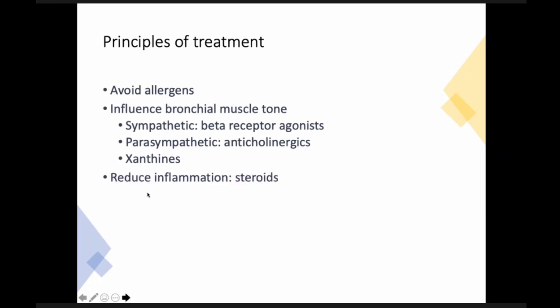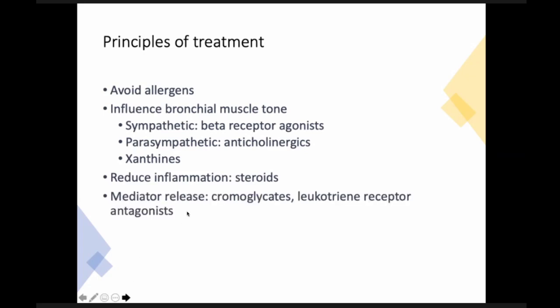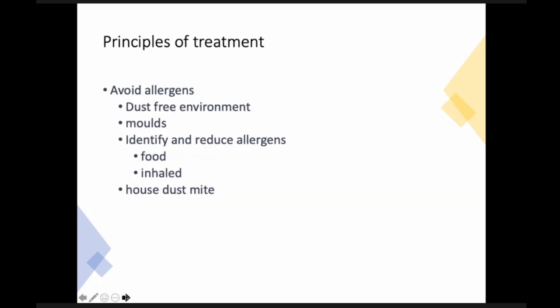Then to reduce the inflammation, we have steroids or glucocorticoids. And to inhibit the mediator release, we have chromoglycates and leukotriene receptor antagonists. Regarding allergens, we educate the patients about living in a dust-free environment, molds, identify and reduce the allergens, food, inhalants.